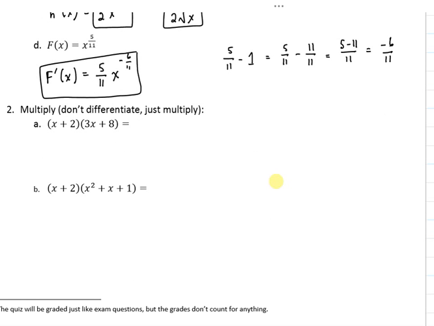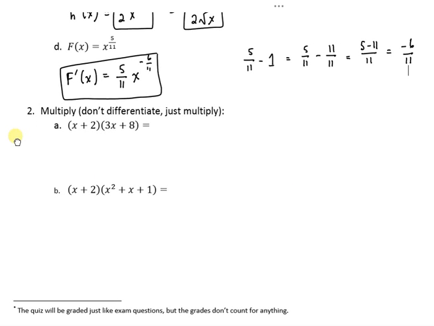Okay, here we're multiplying. The first one is a 2 by 2, so I'm going to use FOIL, which stands for first, outside, inside, last. So the first ones are x and 3x. That gives me 3x squared.